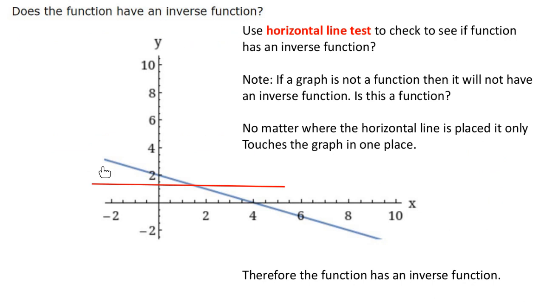For instance, in this graph, if I have this line in blue and I want to see if this line has an inverse, I will perform my horizontal line test. Again, this is an imaginary horizontal line that I can traverse through the whole graph. And if this horizontal line only crosses my graph one time, then that means that it has an inverse.